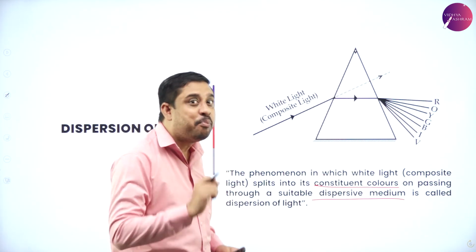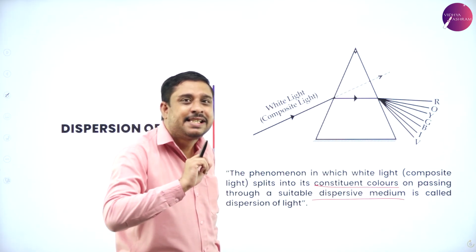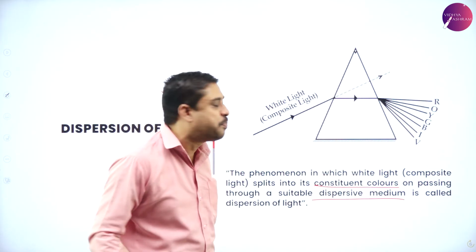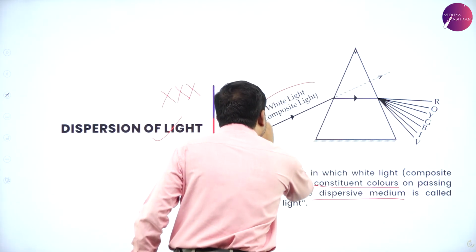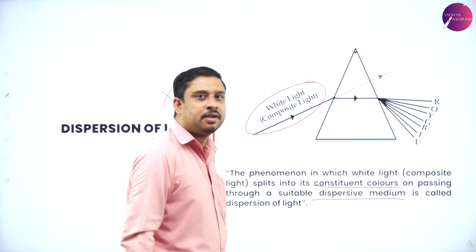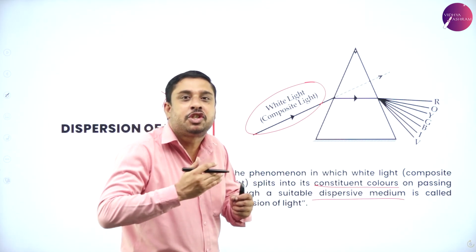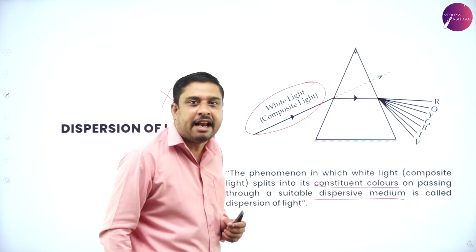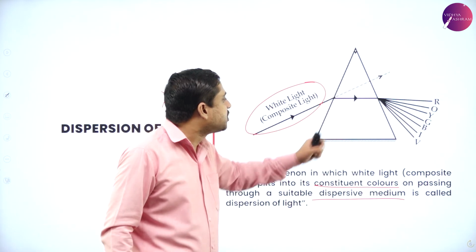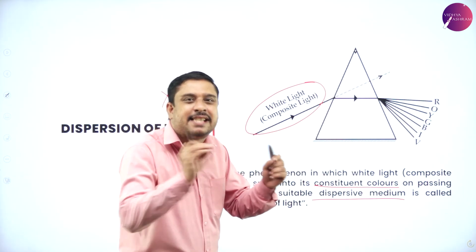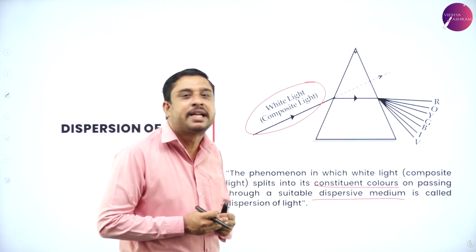Here, what is important is not simply light passing through a prism. It has to be white light, composite light, which is a composition of 7 different colors. When it passes through a prism, it gets separated into its constituent colors.